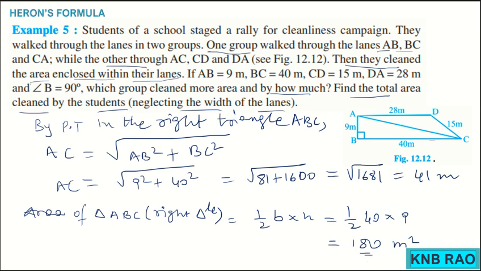Then with the help of the AC measure, I can find area of triangle ADC. So I will use 28, 15 and 41 as the sides in Heron's formula.